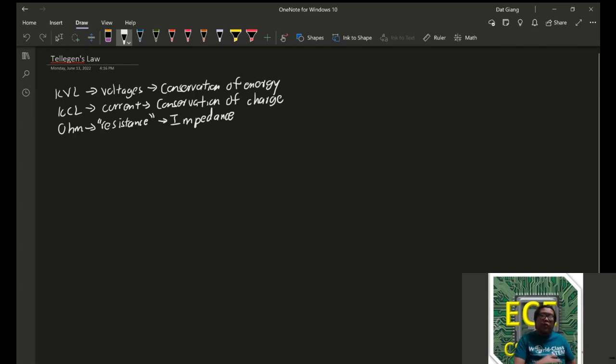Just a short definition though, impedance is a general form of resistance that describes both resistance but also what's called reactance, which is how capacitors and inductors behave when given a current or given a voltage or given both.